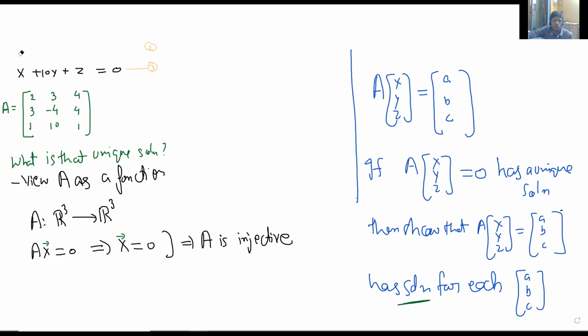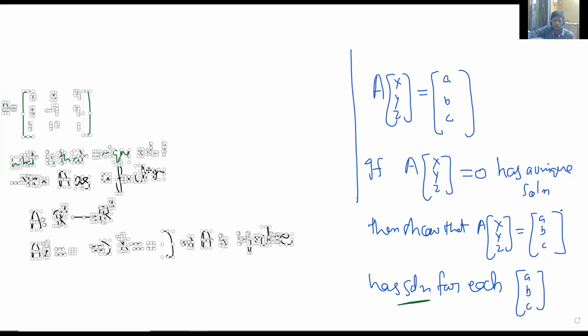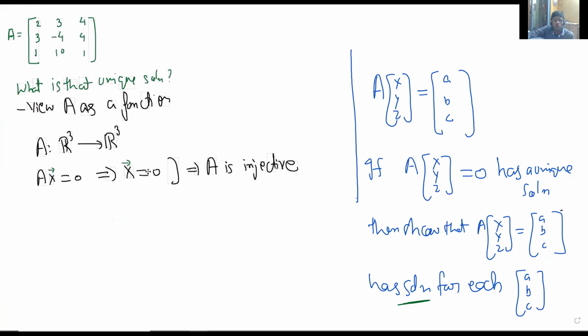So now let us show that injective implies surjective. Injective is not always surjective, that's number one. I'm just rephrasing the same thing again and again. Injectivity, all of us know this: f of x1 equal to f of x2 implies x1 equal to x2.